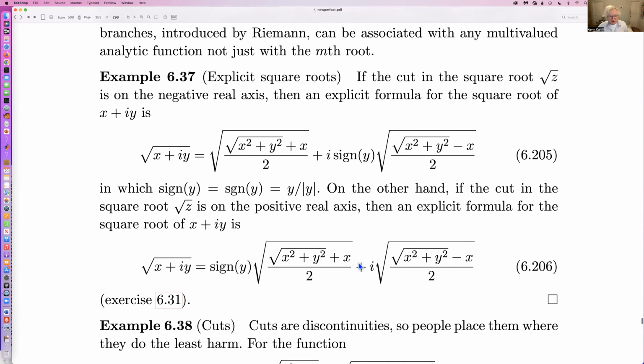I think it's useful to look at this example of explicit square roots. So we have the square root of z. Are we going to put the cut on the negative real axis, positive real axis, or somewhere else? Well, let's just stick with negative or positive real axis.